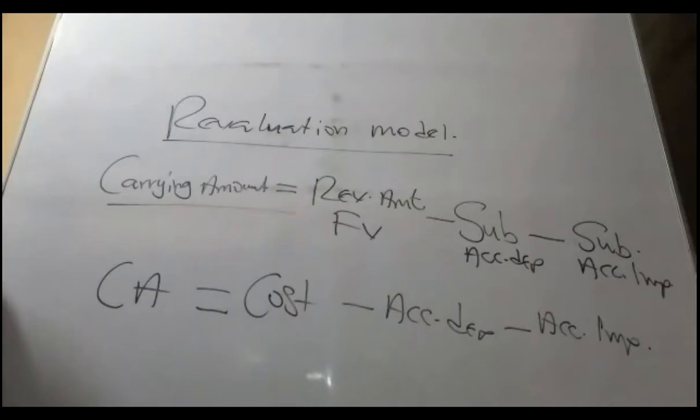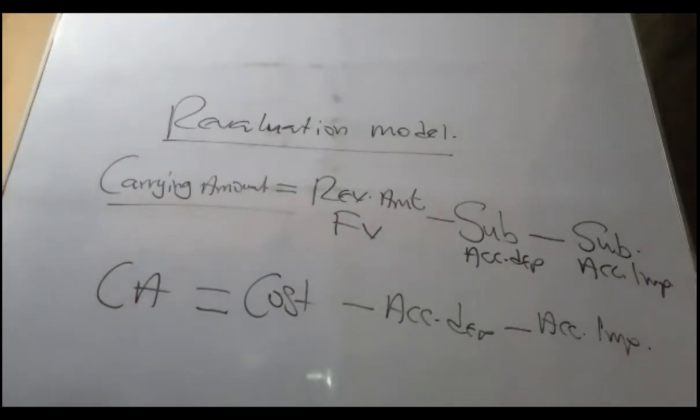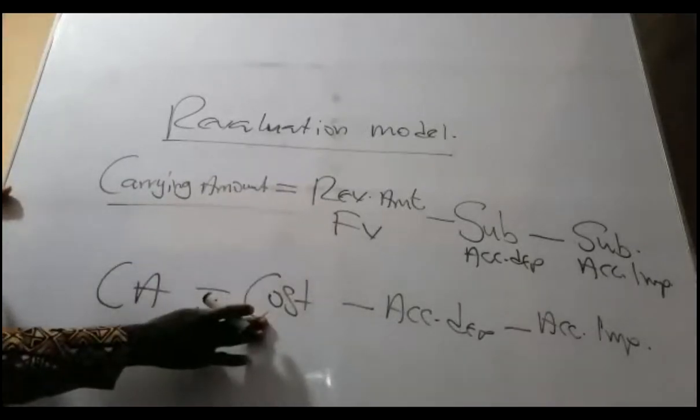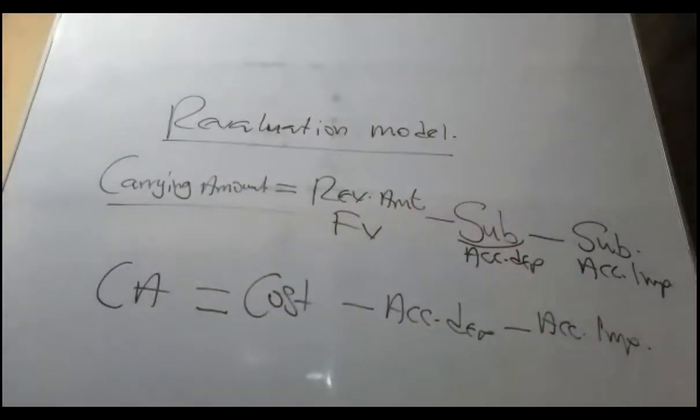So have you seen the difference? Now the difference is a bit clear. All of them start with carrying amount. Just that here it says fair value. And this one is cost, accumulated depreciation and subsequent. I'll explain why I use the word subsequent.